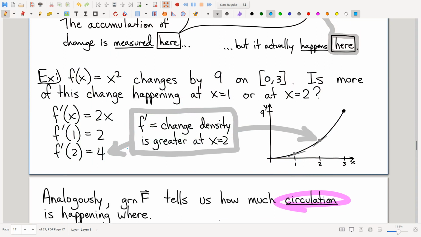Obviously, there's more change happening where it's steeper. Steeper, therefore more change. But specifically, we took the point of view that the derivative, don't think about it in terms of steepness, think about it as a density. And where the density is greater, that's where more of the quantity change is coming from.